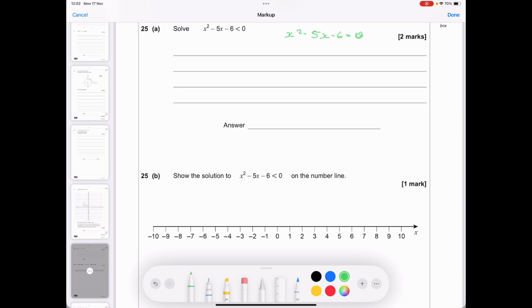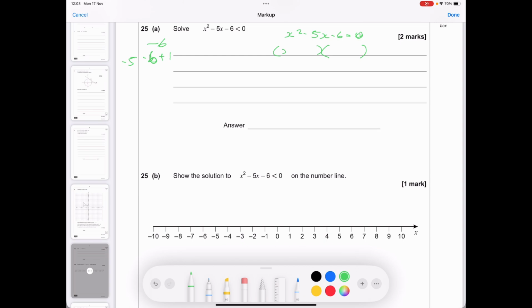So let's imagine that we can factorize this. So something that multiplies to minus 6 and adds to make minus 5. So it's going to be minus 6 and plus 1, because minus 3 and minus 2 would not work, they would give us plus 6.